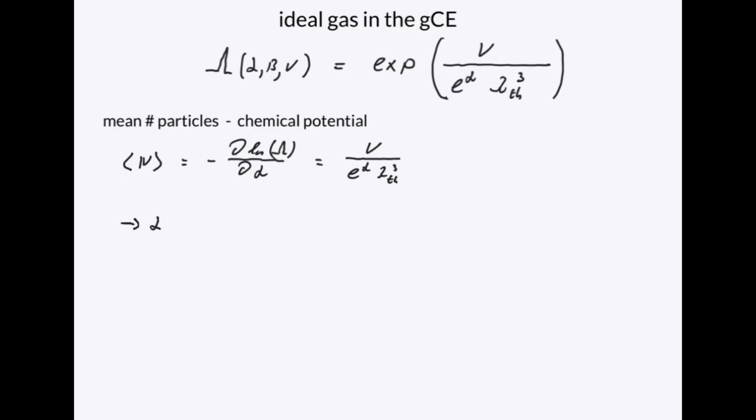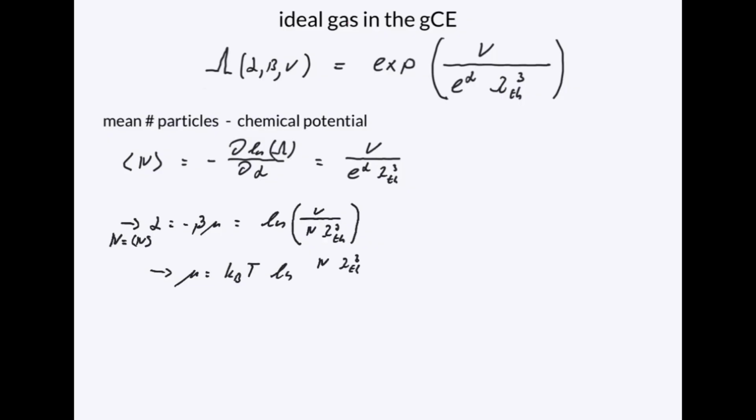Now we can rearrange our result and express the mean number of particles as just the number of particles. We can express α as a function of the volume, number of particles, and the thermal de Broglie wavelength, or in terms of the chemical potential, we obtain μ is equal to k_B T ln of N times λ thermal to the power 3 divided by the volume.